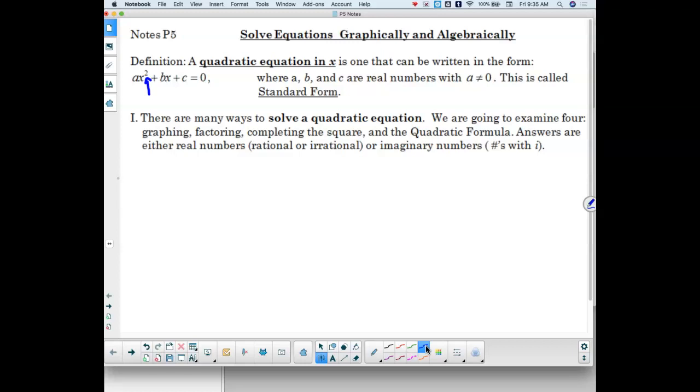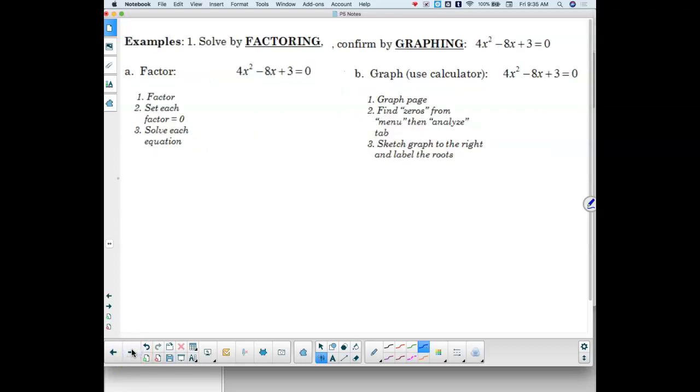Or it may take the form of an imaginary number, 2i times the square root of 3, negative 4i. Those are imaginary numbers. So we have everything available to us in terms of answers. So let's dive in.